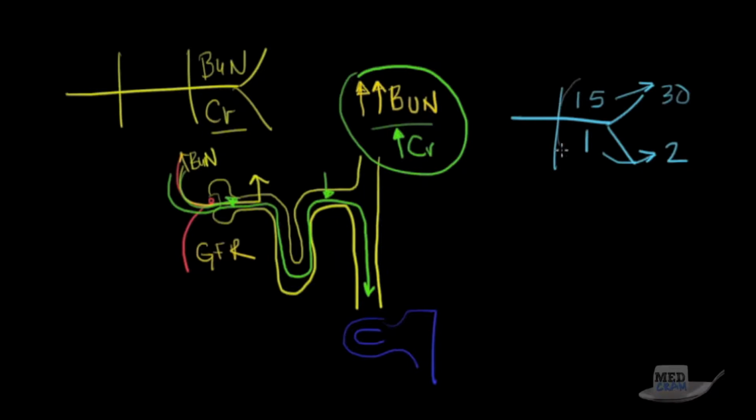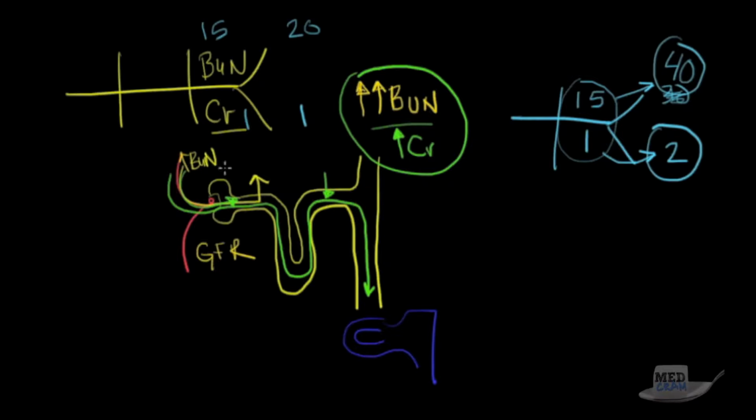Instead of a 15/1 ratio, it would go even higher, to 40. So a 40/2 ratio, which is the same as a 20/1 ratio. So here we would see the normal ratio is 15/1, and it would go up to 20/1, or in this case, 40/2. And that would be from a low flow state.